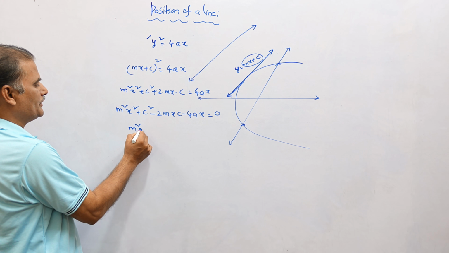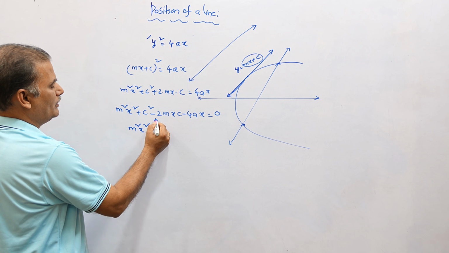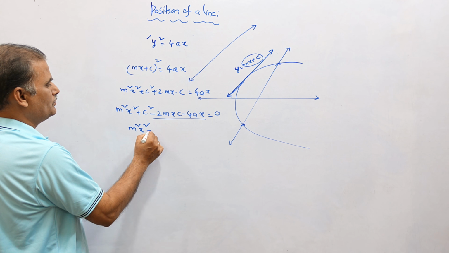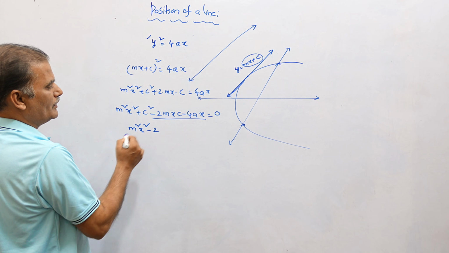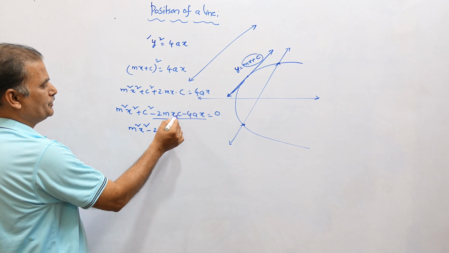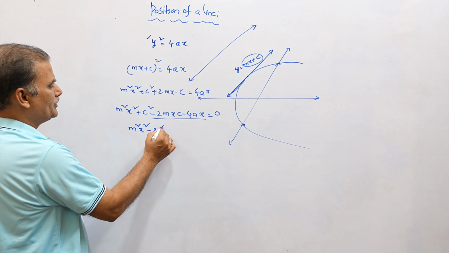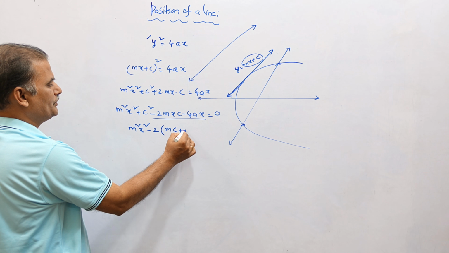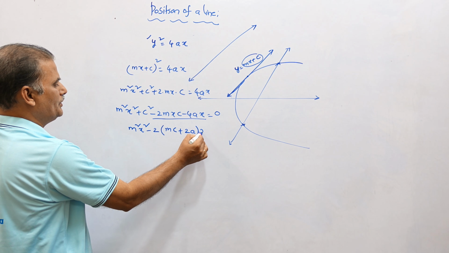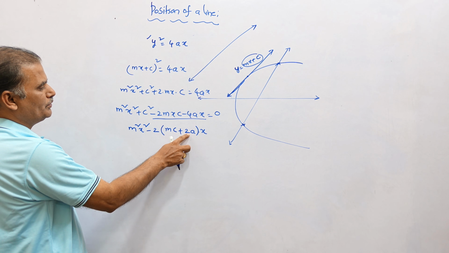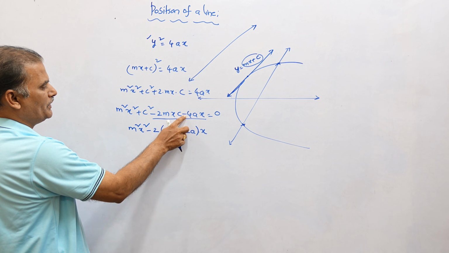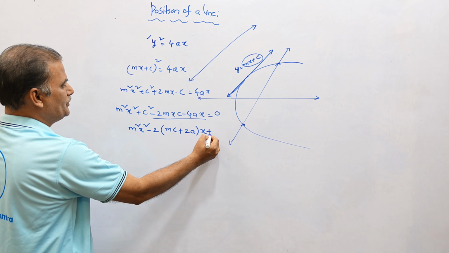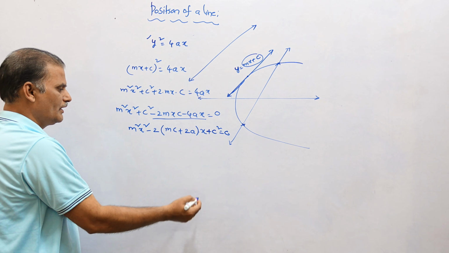In the two terms with x, you take 2 common: m square x square plus 2(mc minus 2a)x plus c square is equal to 0.